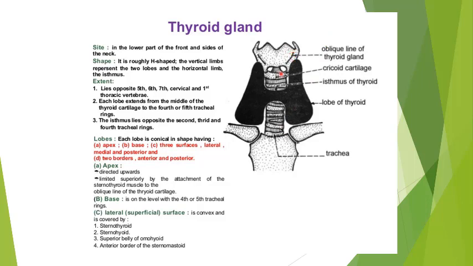So this is the oblique line of the thyroid cartilage. The base is on the level of the fourth or fifth tracheal rings or cartilage. The lateral surface is convex and is covered by sternothyroid, sternohyoid, superior belly of omohyoid and the anterior border of the sternomastoid.